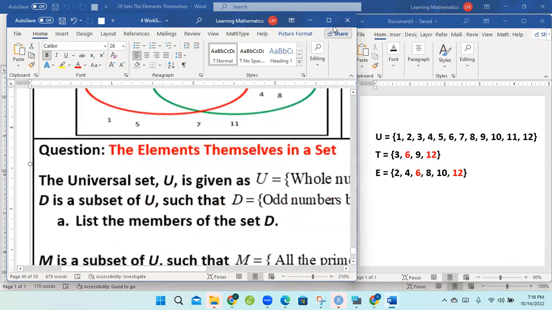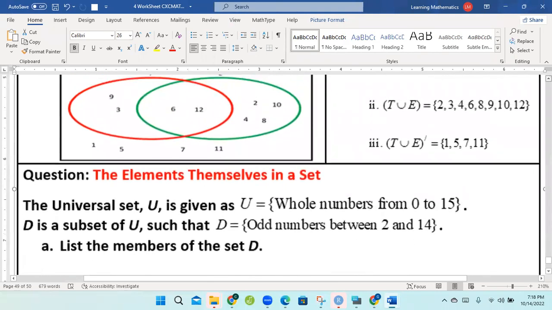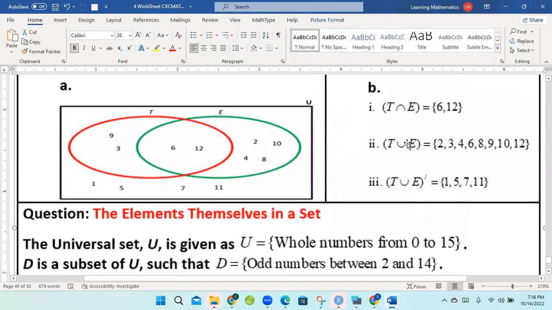And here you have some extra notes, questions for practice. Now, we need to find T intersect E. T intersect E is 6 and 12. T union E means all in T and E, with no repetition.